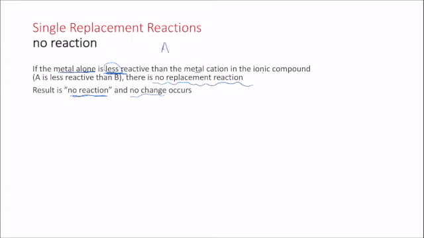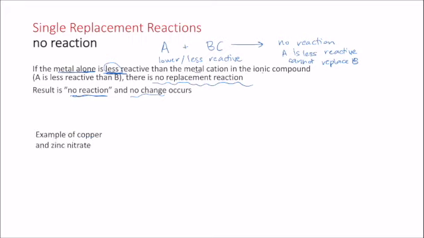This is in the general format A plus BC. If A is the lower metal or less reactive, then you don't have any reaction that occurs. That no reaction occurs because A is less reactive and it does not replace B and form a new ionic compound.